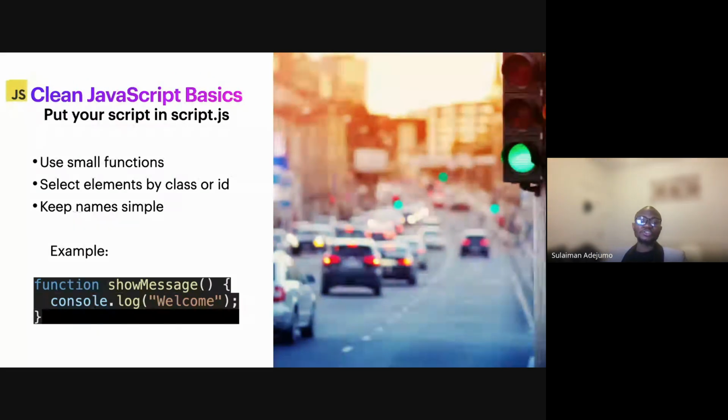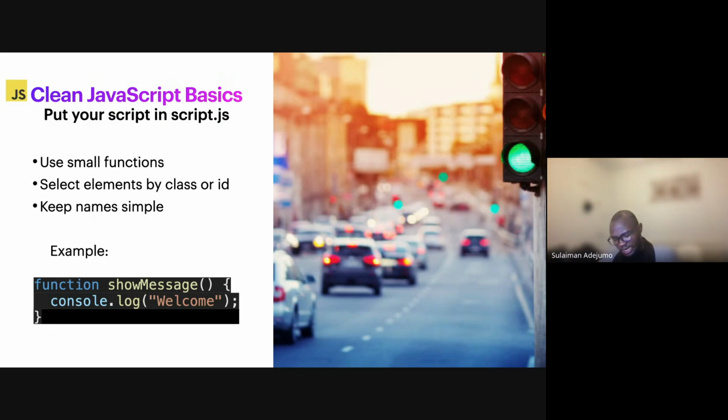Small functions are easier to understand, easier to test, and much easier to reuse in different parts of the project. So when you organize your JavaScript into clear actions like this, you stay in control of your code.